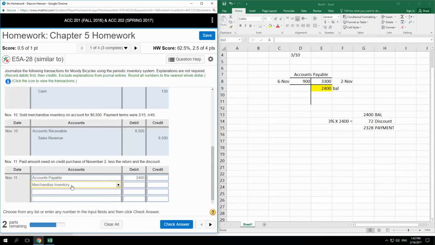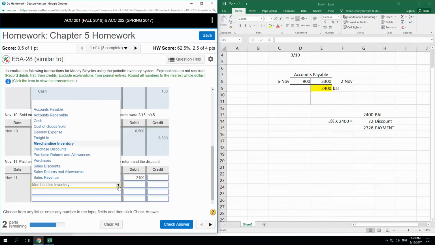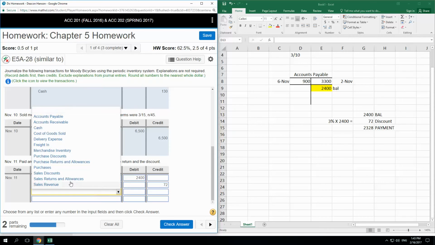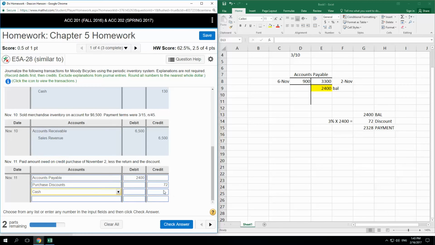But we're in the periodic system and we cannot touch merchandise inventory, so we have to put it in a purchase discounts account. So $72, which is 3% of the 2,400, purchase discounts, and then whatever is left over, the difference, which I figured out over here, is going to be the cash payment. So 2,328 is the amount that we pay to relieve 2,400 in debt. Okay? Because we paid within 10 days, we get a discount.